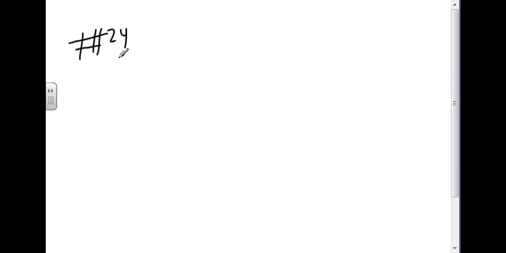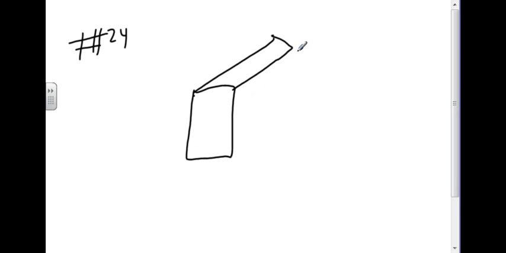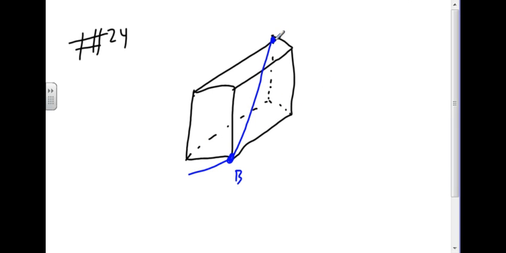All right, so we got this picture, and we got this pipe. And it's starting here at B. And it's going up there to A. Okay, so I got that.